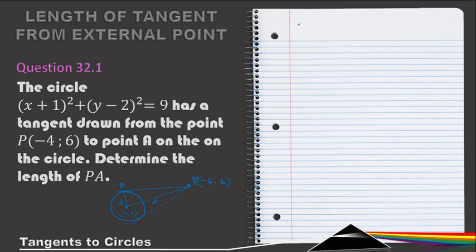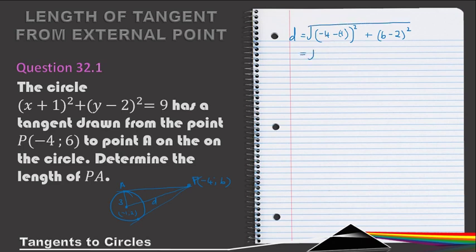So the distance is the square root of (-4 minus -1) squared, plus (-6 minus 2) squared.